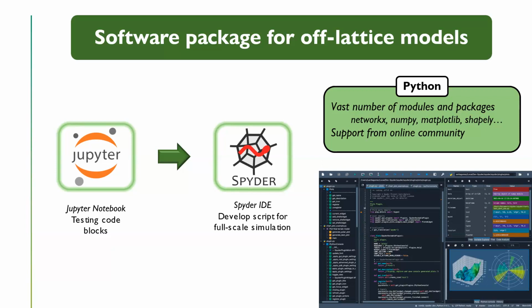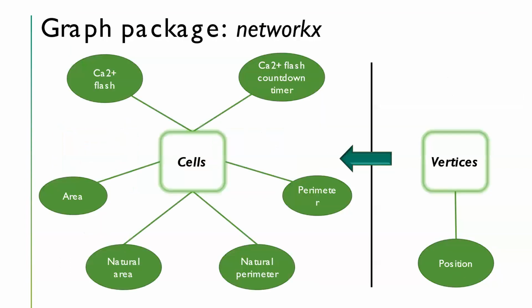But how you go about doing the software development, the process I followed was I tested code blocks in Jupyter Notebook, which is great for having spare bits of code lying about and testing blocks of it, and then moving it on to an actual IDE to make the full script for the simulation. Python has a large number of modules and packages, and you can easily look up any issues online and have the answers instantly.